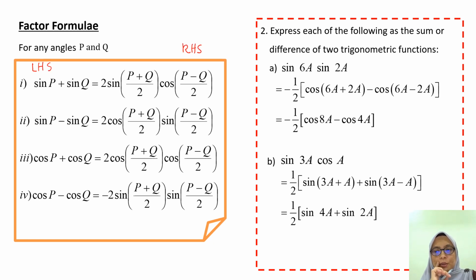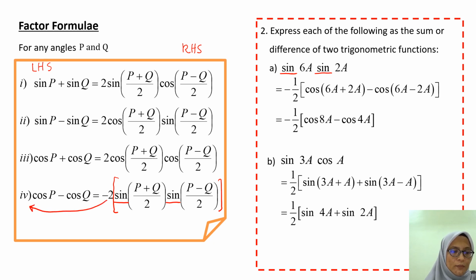We have sin times sin. So look back at the right hand side, which formula has sin times sin. This one, the last formula. We want to take sin times sin, so this negative 2 has to be brought to the left side. That's why you have negative 1 over 2.